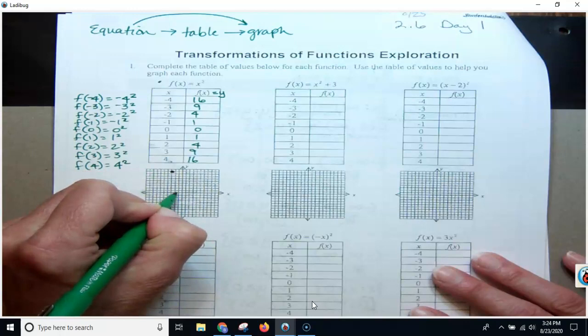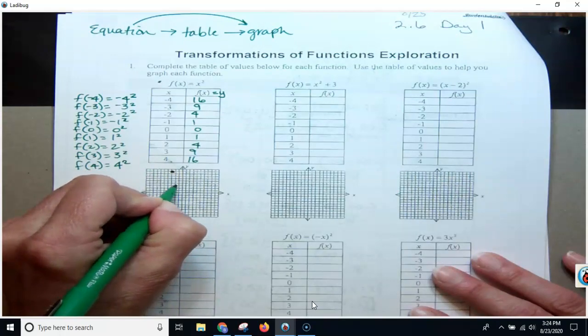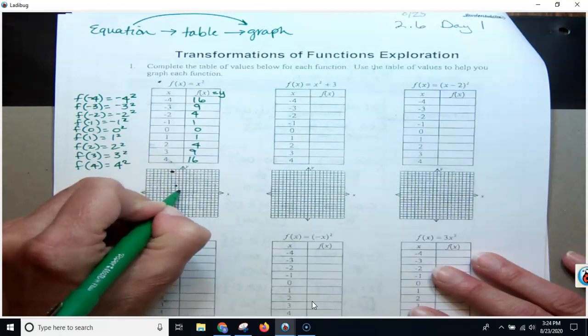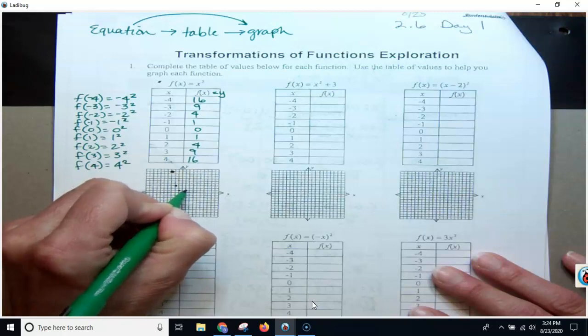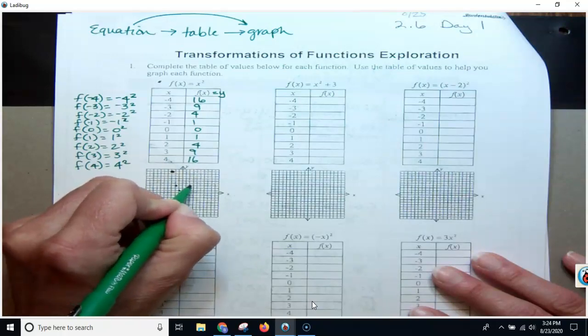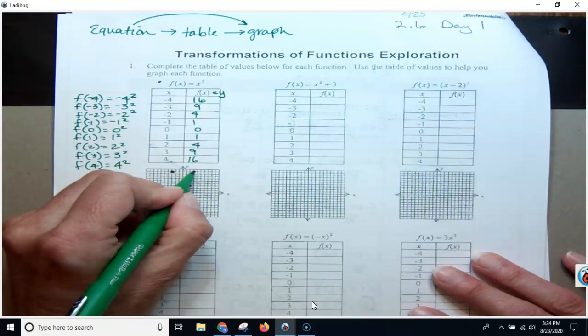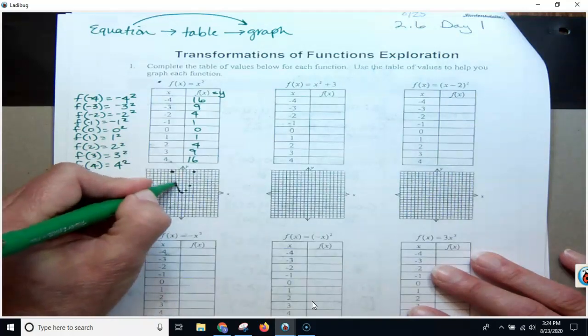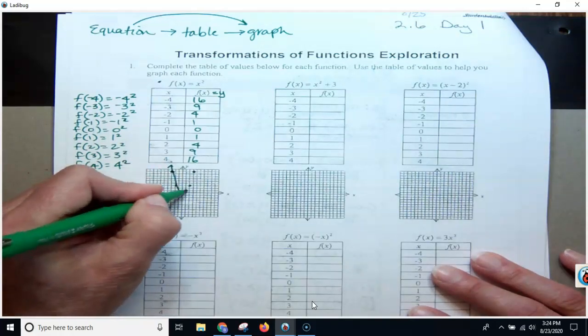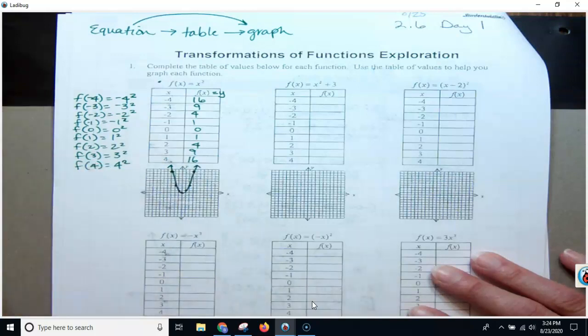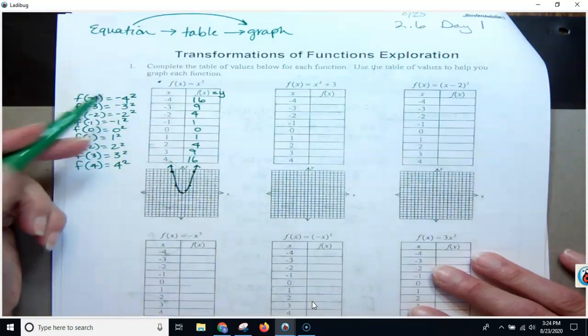Over 2, up 4, then (1, 1), (0, 0), (1, 1), (2, 4), (3, 9), and then there you have your graph, okay? So hopefully you can do that.